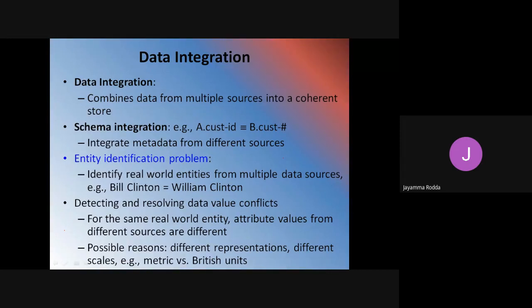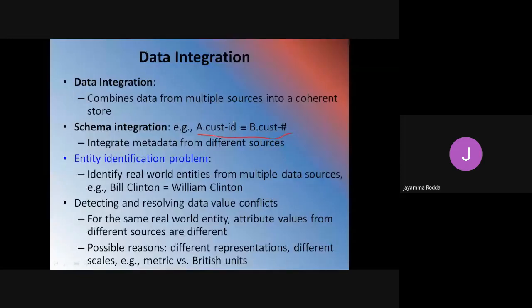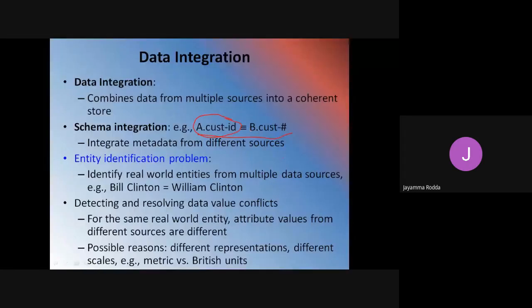For example, how can the data analyst or the computer be sure that the customer ID in one database and the customer number in another database refer to the same values? This is the problem we have here. One attribute stores the customer ID values, whereas here I am saying customer number.